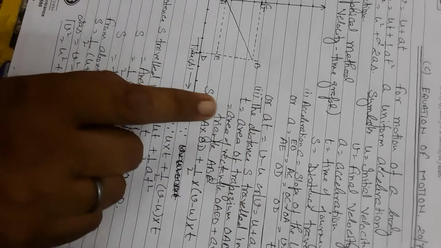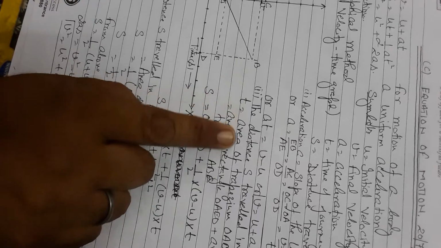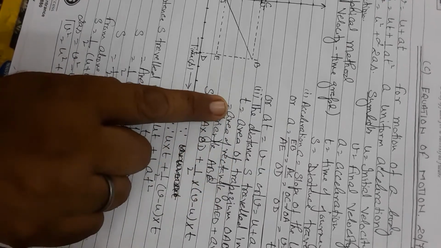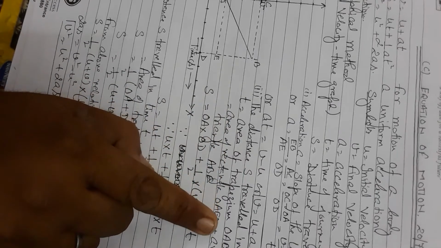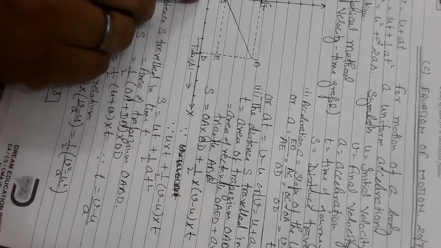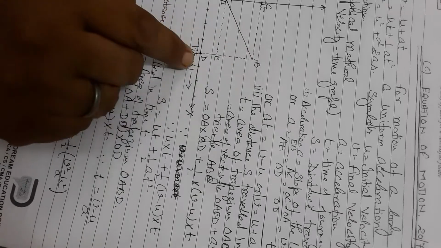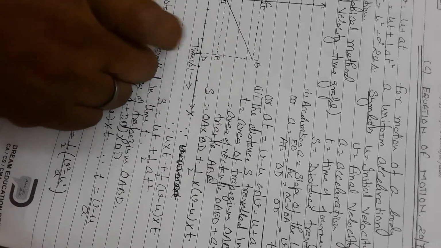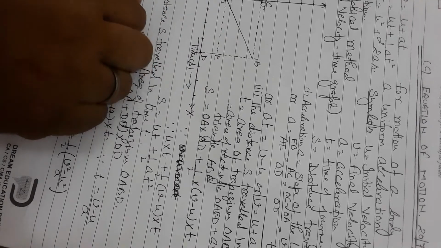From the same graph we proceed: the distance travelled S in time T is the area of trapezium OABD. It consists of one rectangle and one right angle triangle.